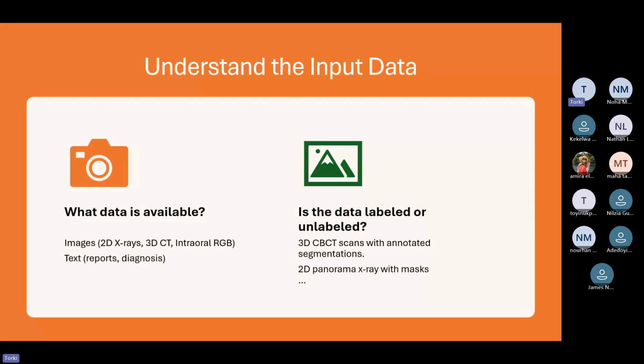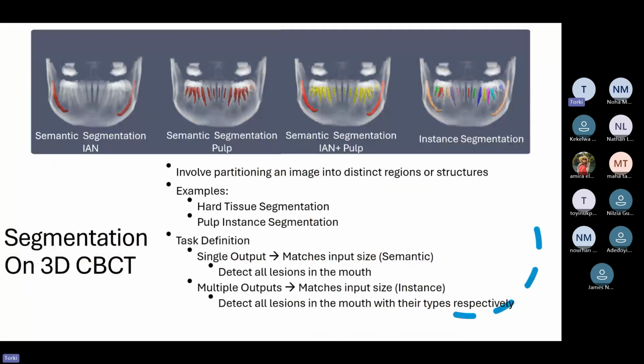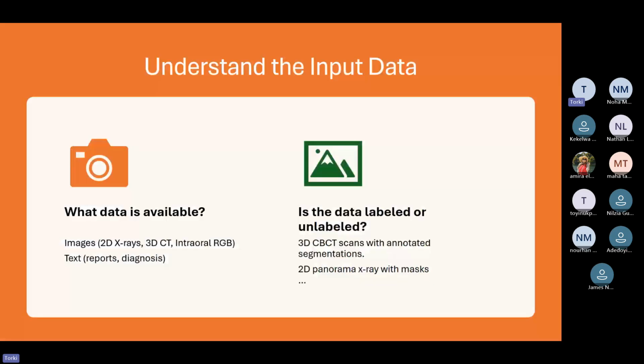Even if you are going to do semantic segmentation on, for example, this one, you can also use the panorama X-ray as an additional modality, and it might give you some feature fusion from the 3D and the 2D to find the masks that you would like. This is a little bit sophisticated, so let us now start with a unimodal problem where you have one modality, 3 CBCTs, for example, or 20 panoramas, maybe.